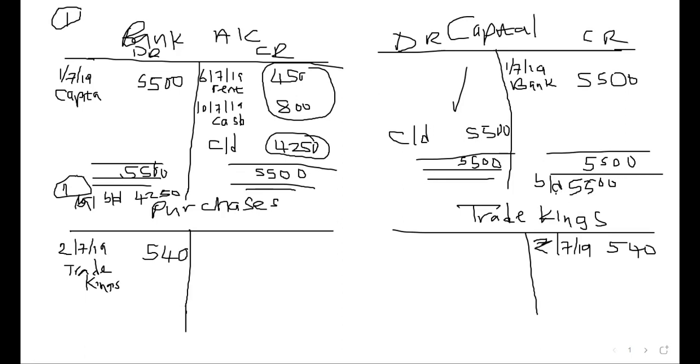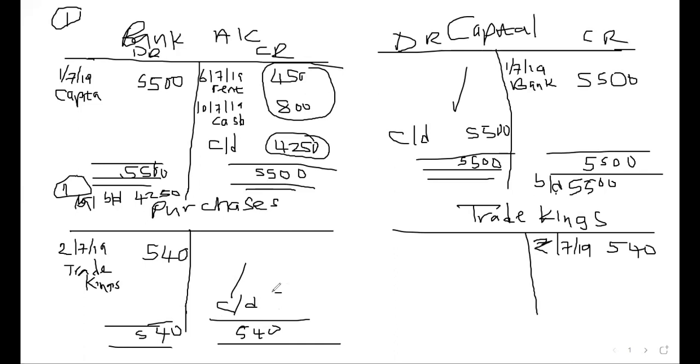Let's go for purchases. What are we having for purchases? Purchases here is nothing. So we're going to say 540. Even here, 540. So our carried down is 540. Brought down is 540.